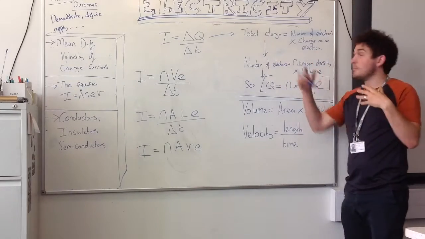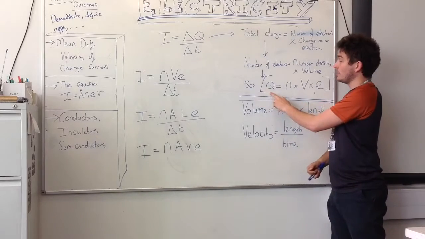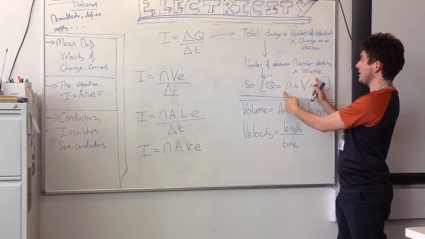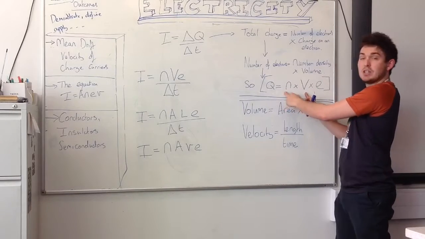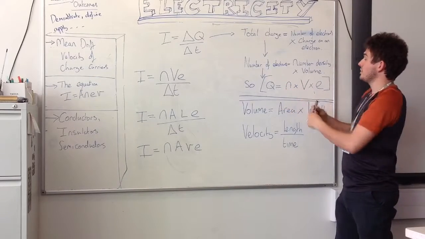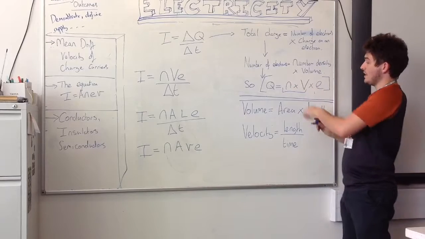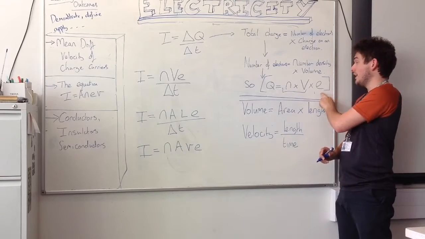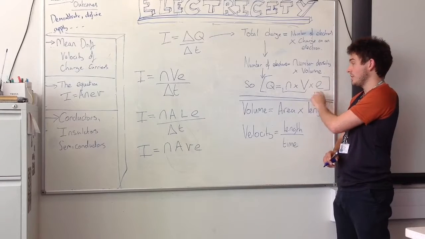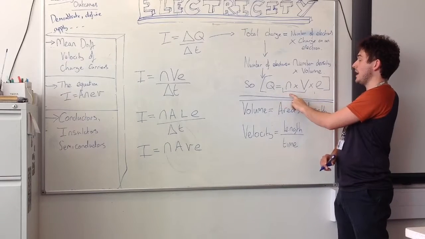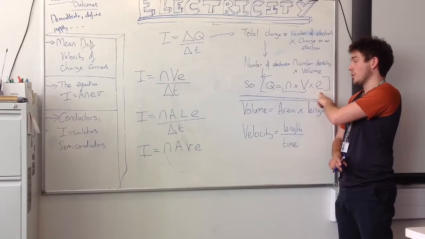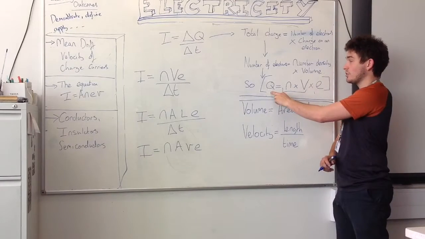If we combine those two ideas, we can see that the total charge is equal to the number of electrons, which is n times V, the number density times volume, times the charge on an electron, our fundamental charge, our elementary charge, whatever we called it the other day. So Q equals n, the number density, times the volume, times the charge on an electron. That is our total charge.